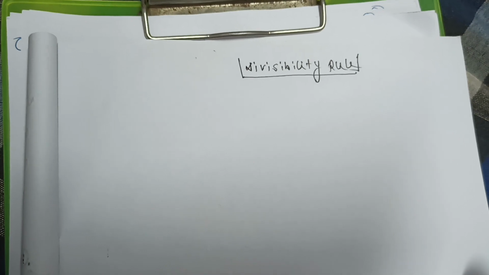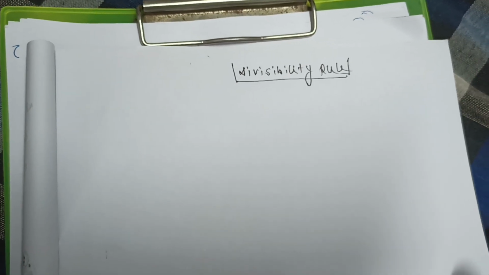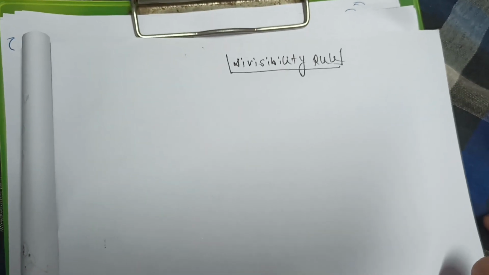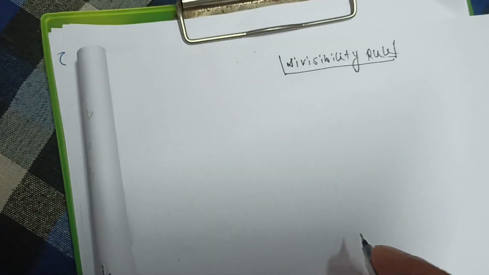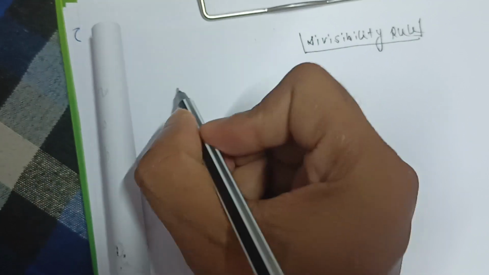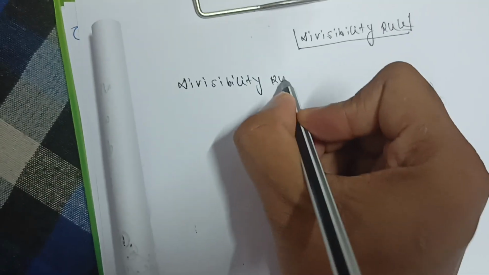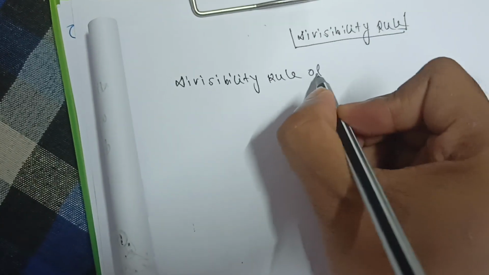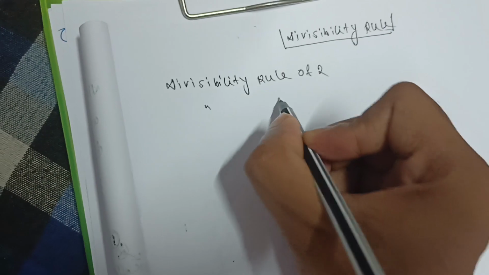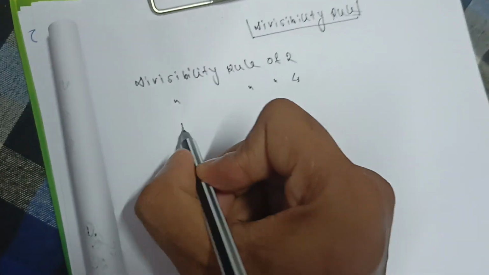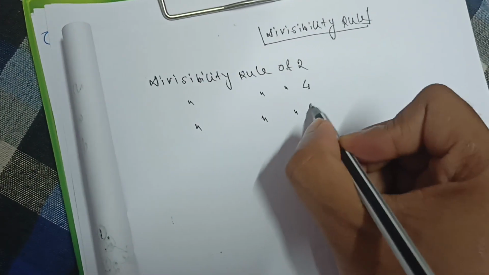So today we will learn about divisibility rules that will make our calculation stronger. Here we will learn the divisibility rule of 2, divisibility rule of 4, divisibility rule of 8.